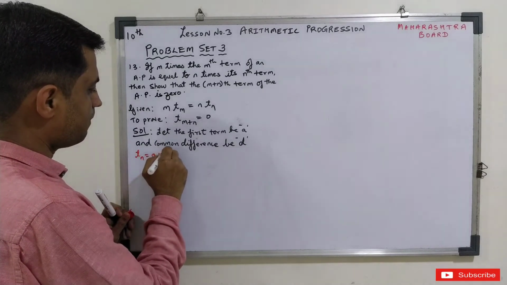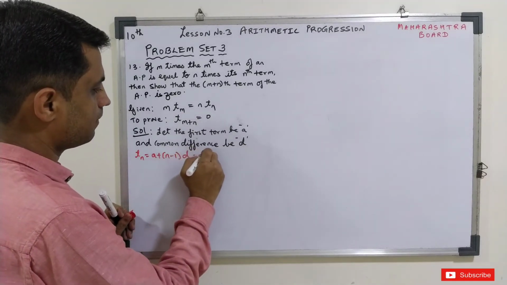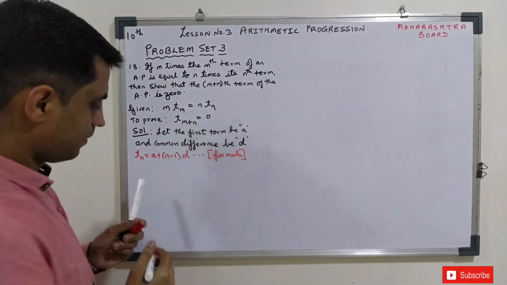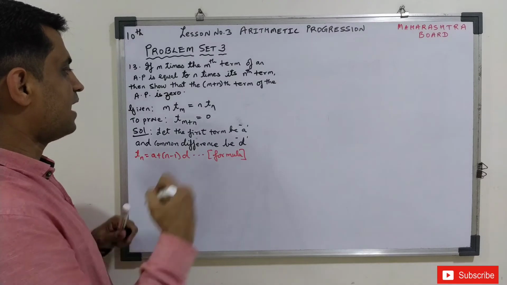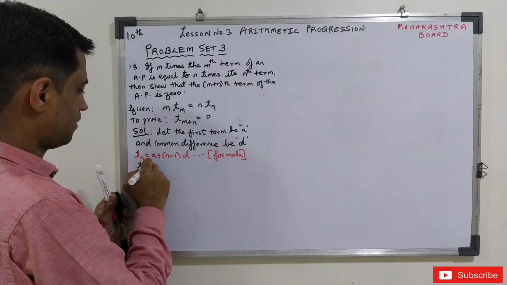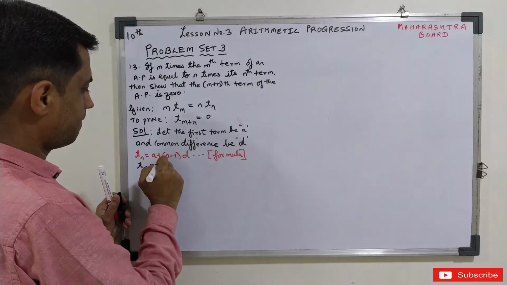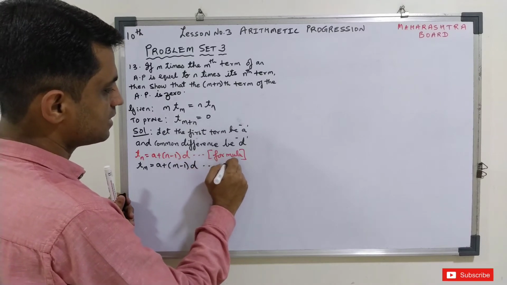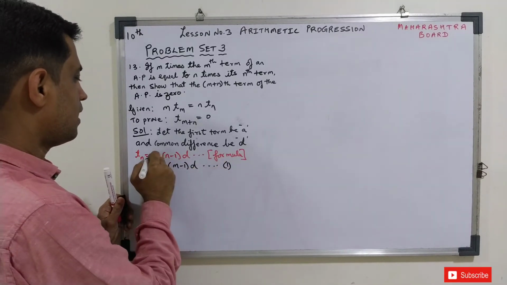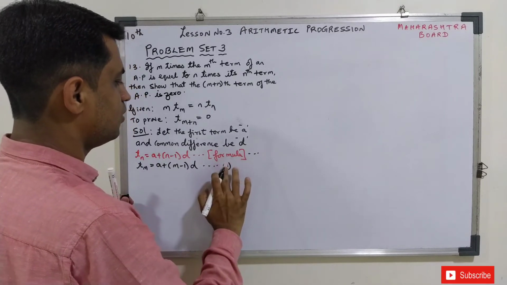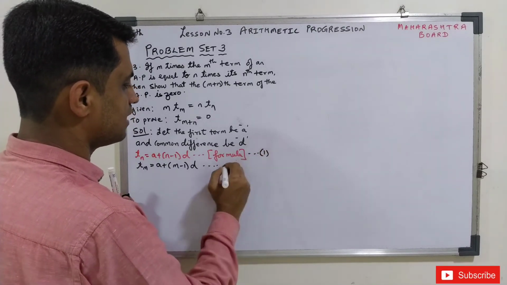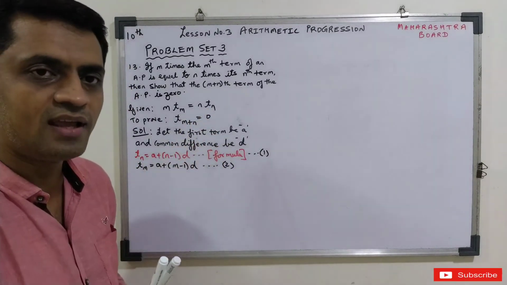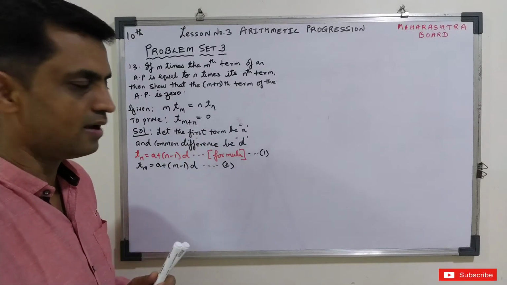Tn is equal to A plus n minus 1 into D. This is a formula. Now we will find Tm. Tm is equal to A plus m minus 1 into D. This is our first step, and this you write as first and this as second, because Tn is there and this formula is also of Tn only. So Tm and Tn both we have now.